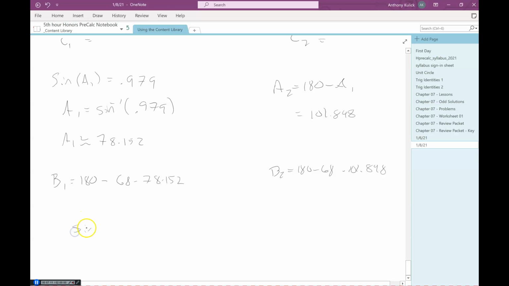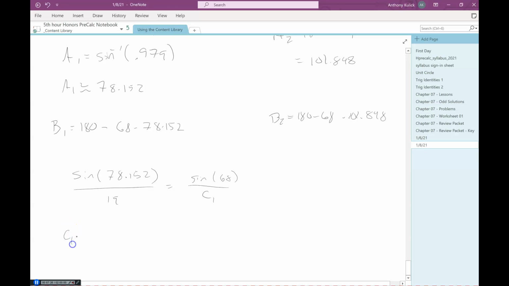So let's do sine of angle A over side A equals sine of angle C over side C. So C1 is going to be 19 sine 68 divided by sine 78.152.